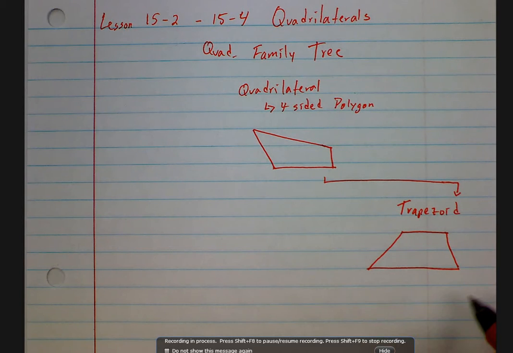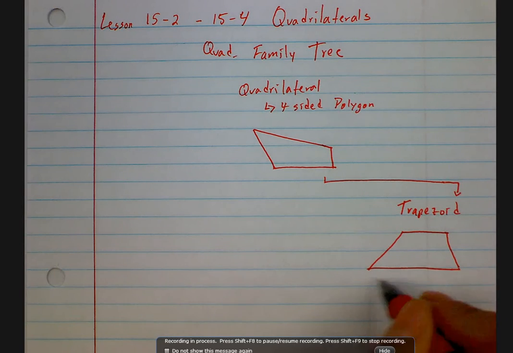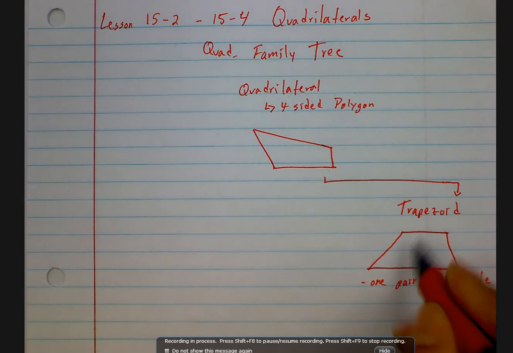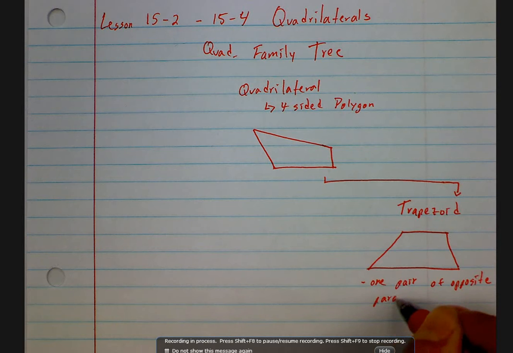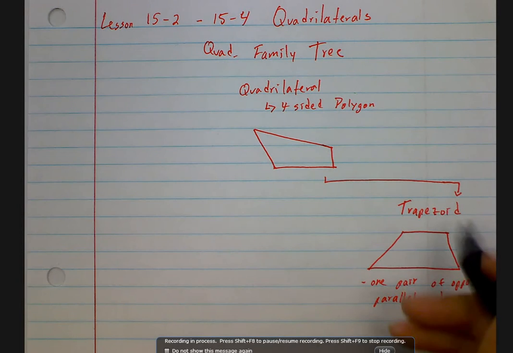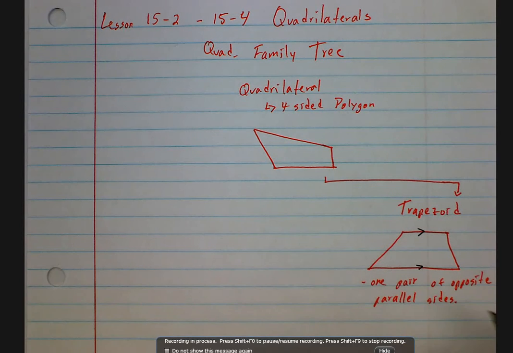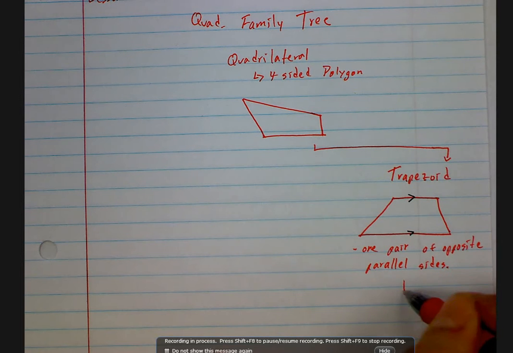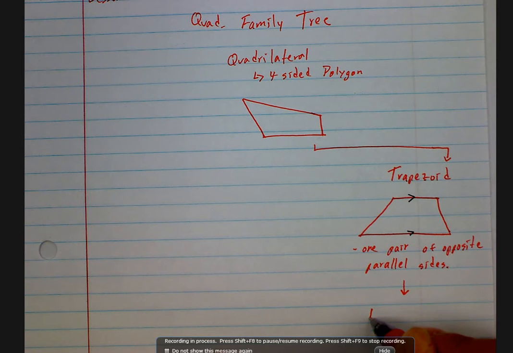Now in this trapezoid you have one pair of opposite parallel sides. If you want to mark them, the parallel sides are also known as base 1 and base 2.